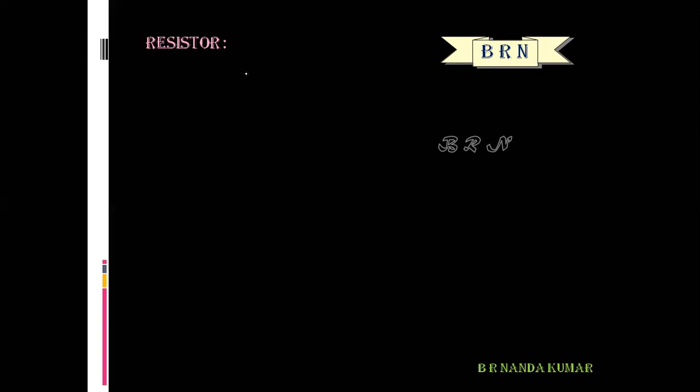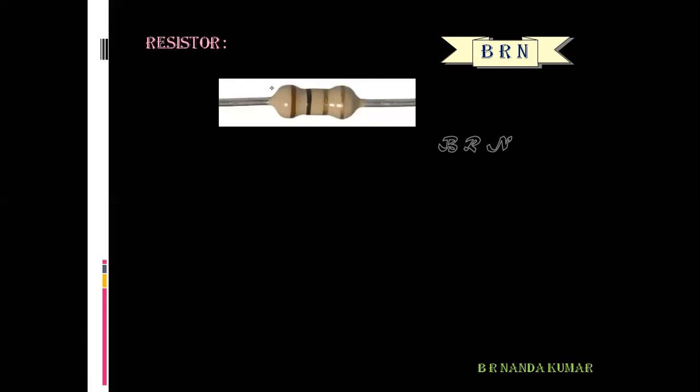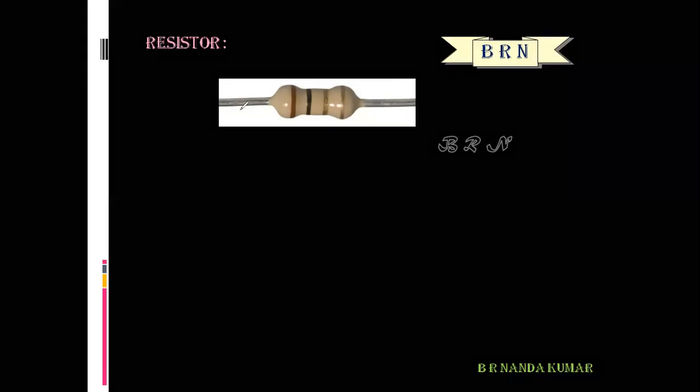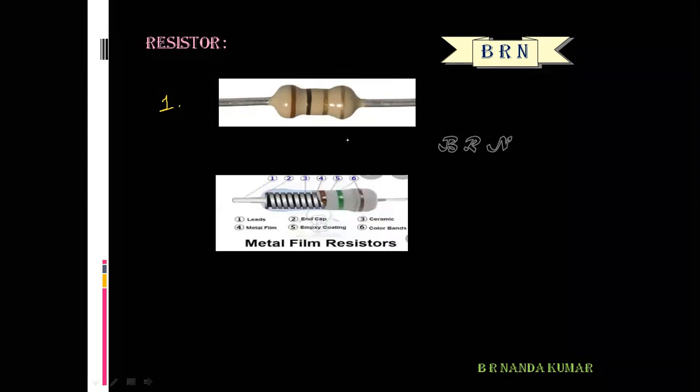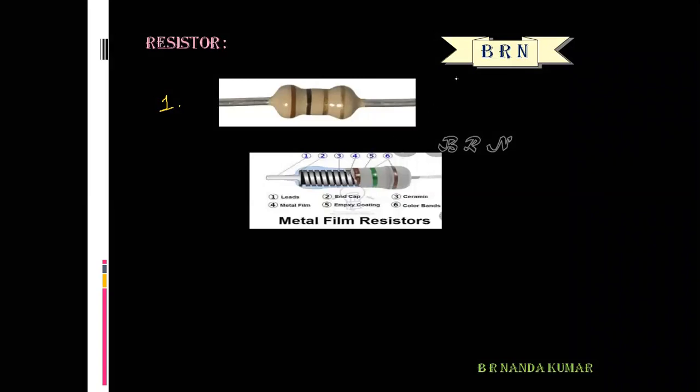Resistors are available in different forms. Number one, that is the carbon composition resistor. This is a carbon composition resistor. The second one is the metal film resistor.